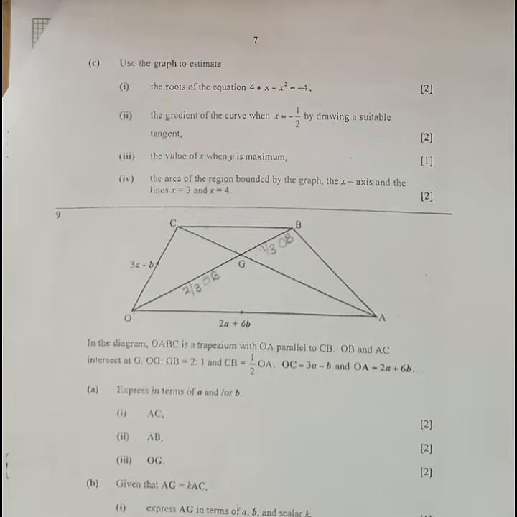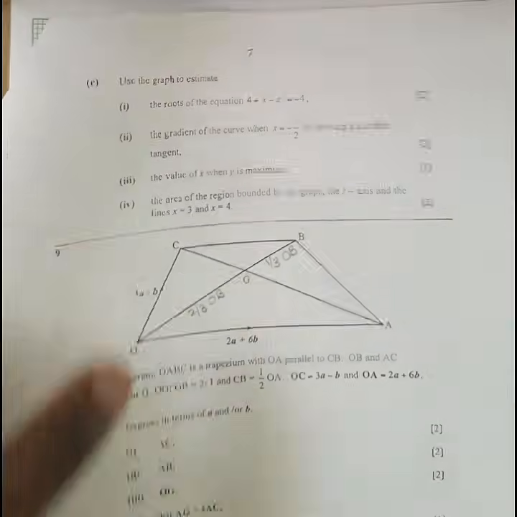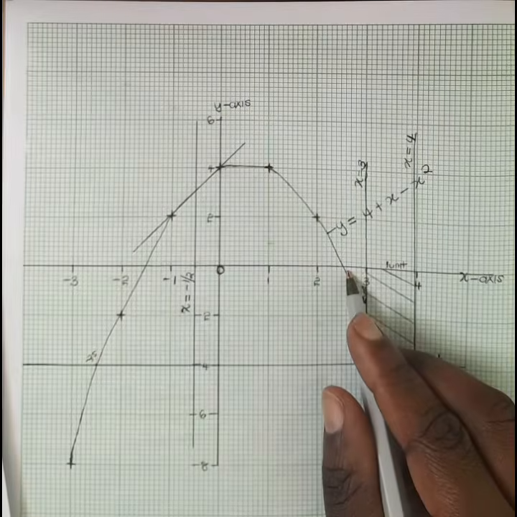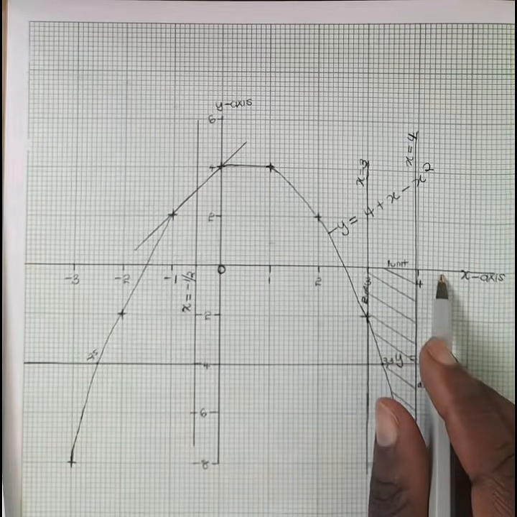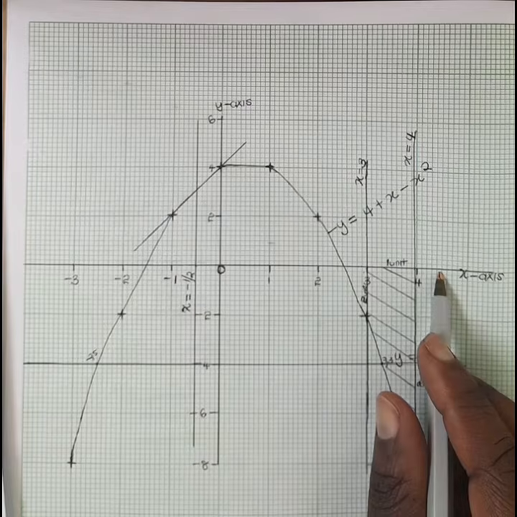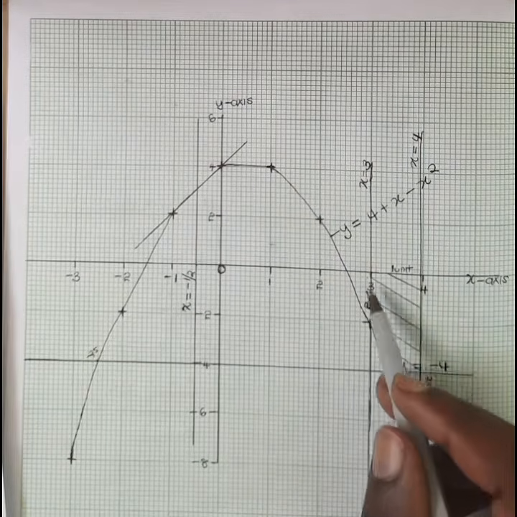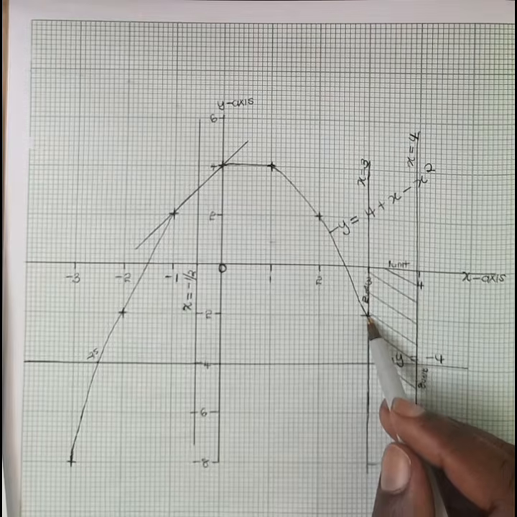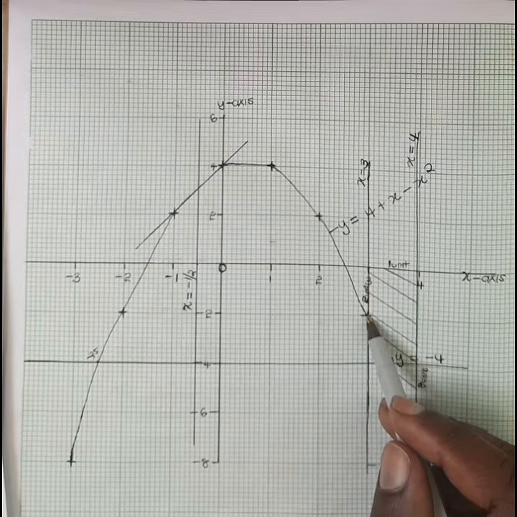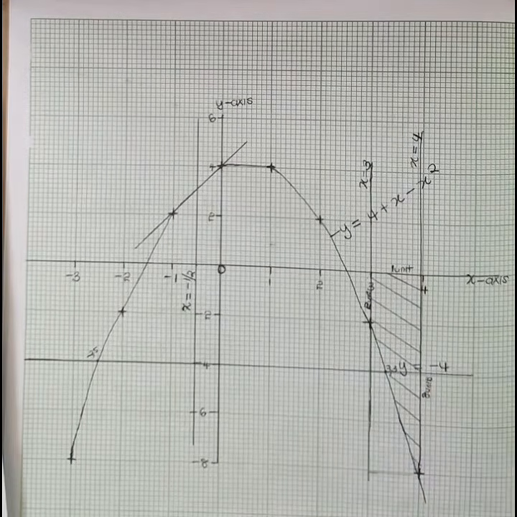For example, here in November 2007, they are saying the area of the region bounded by the graph. This is our graph, and then the x-axis, this is the x-axis. And x equals 3, this is x equals 3, and then x equals 4, this is x equals 4.